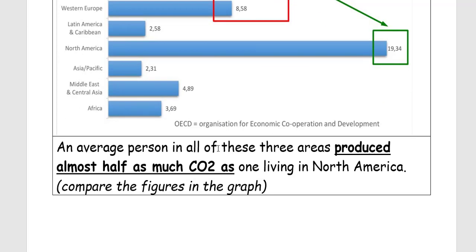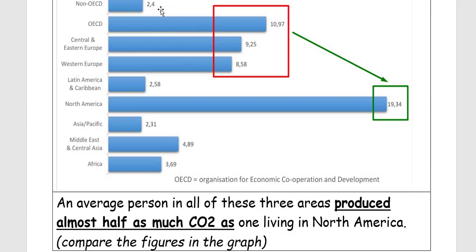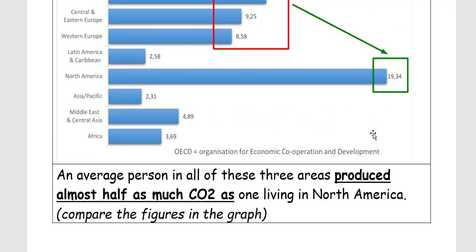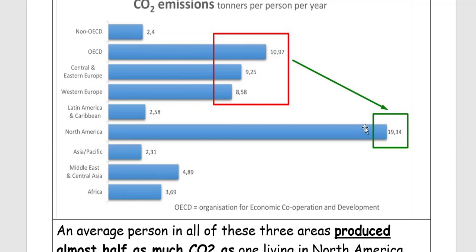So an average person in all of these three countries, and we know what kind of countries we're talking about, okay, produced almost half, because here we have 19.34, which is almost 20, and half of that would be 10, okay? So therefore, I indicated this fact like almost half as much CO2 as one. Try to compare it as much as, okay, in North America. Okay, so that's our strategy.